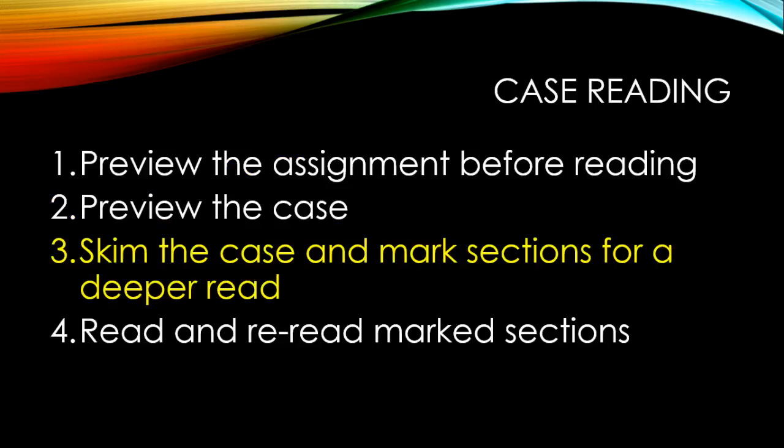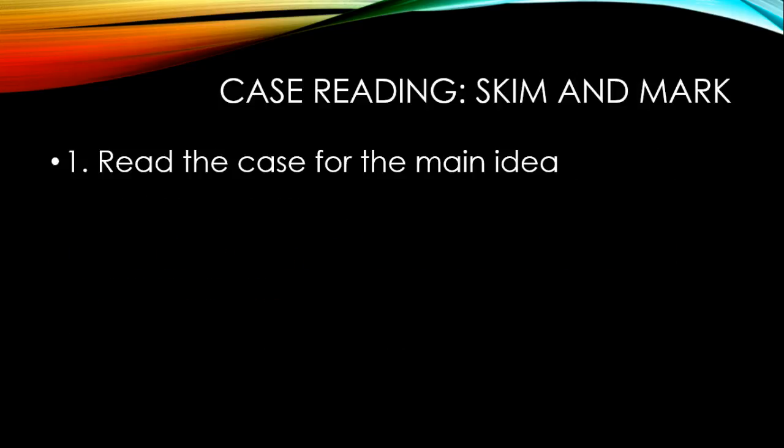So now we're on to our third main step, skimming the case and marking sections for deeper read. This is the first time you're making a large read of the case, but you're not taking a lot of time to make it through the case because you're going to come back and do a deeper read of the important sections.